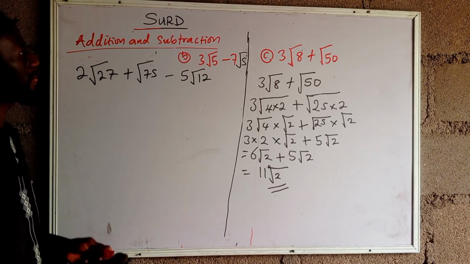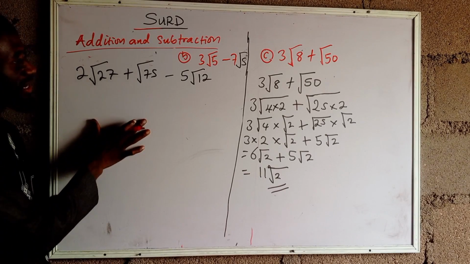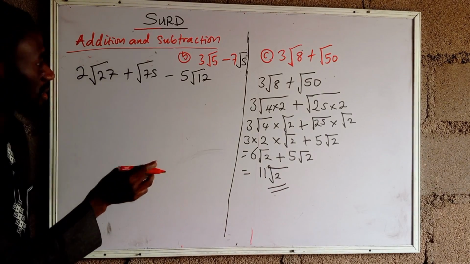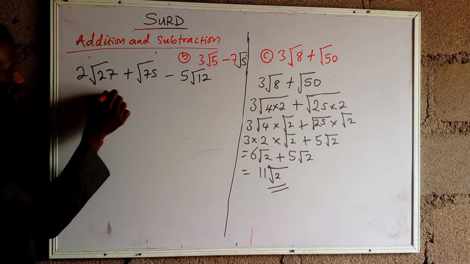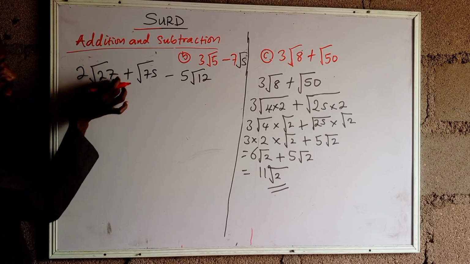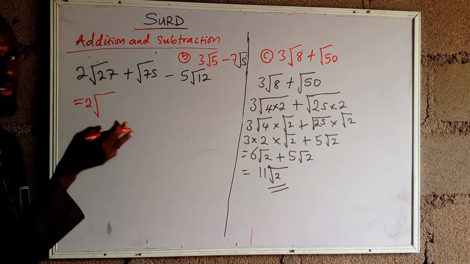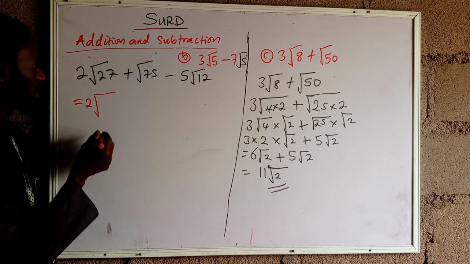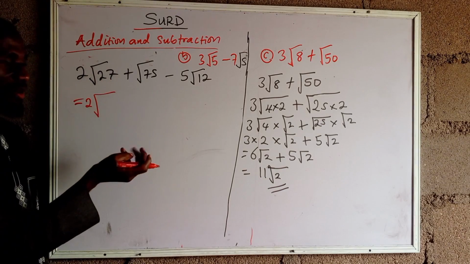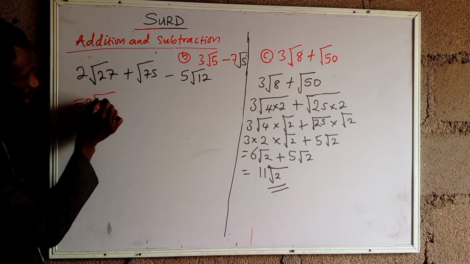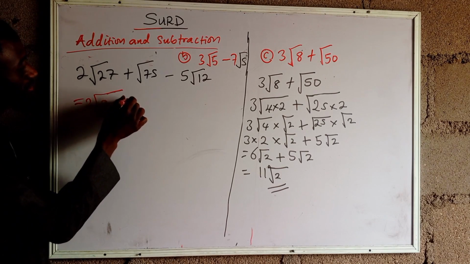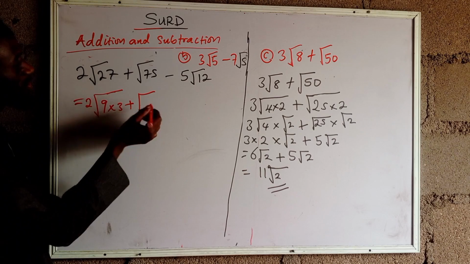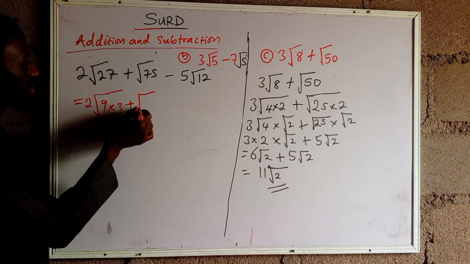Let's solve this one. Let's simplify this one. The next thing to do here, we have 2 root 27. You simplify 27 since it can be simplified. 27 in a short form, we have 9 times 3, plus root of 75 also here.